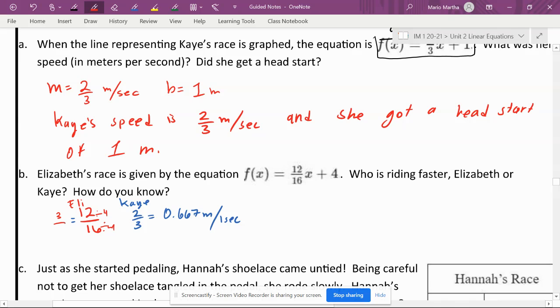So that gives us 3 over 4, which is 0.75 meters per 1 second. So who's riding faster? The person that's going 0.75 meters per second or the person that's going 0.67 meters per second? So in this case, we're going to say Elizabeth is riding faster.